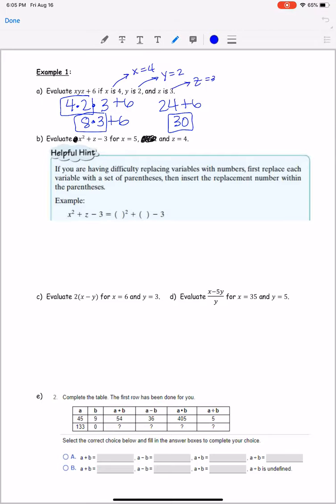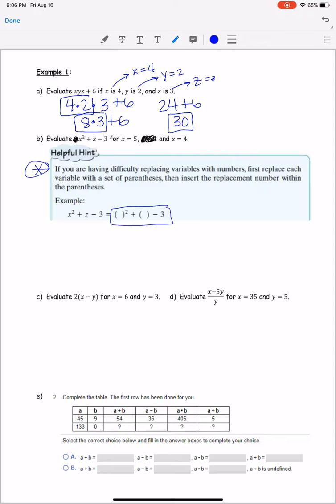Okay, so we are evaluating x squared plus z minus 3 for x equals 5 and z equals 4. There's a helpful hint down here. It says if you're having difficulty replacing variables with numbers, first replace the variable with a set of parentheses, then insert the replacement number within the parentheses. So they turned our problem of x squared plus z minus 3 into this right here without any variables.